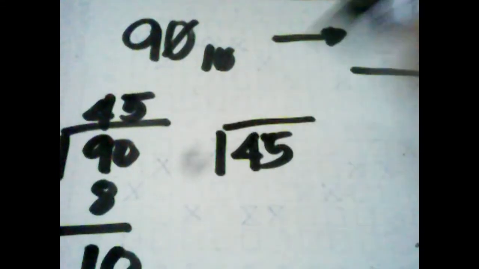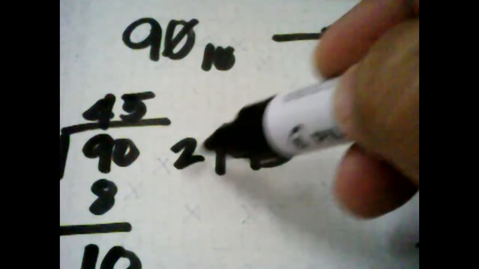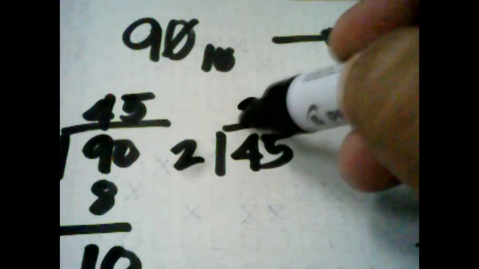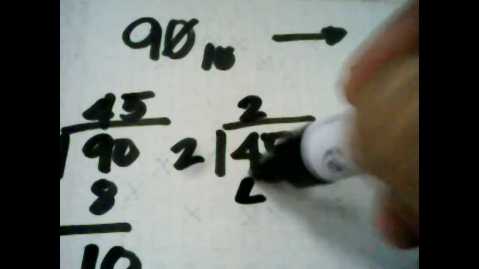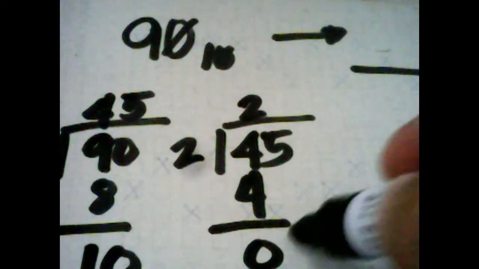We are going to divide because our quotient is still 45. 45 will be divided again by 2. So 4 will be divided by 2. So we have 2, 2 and 2, we have 4. The difference is 0.